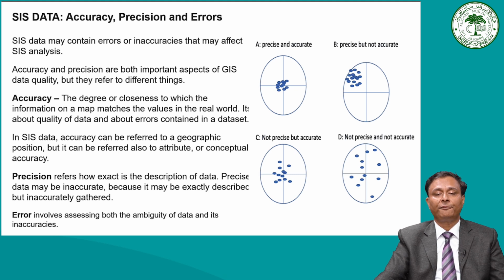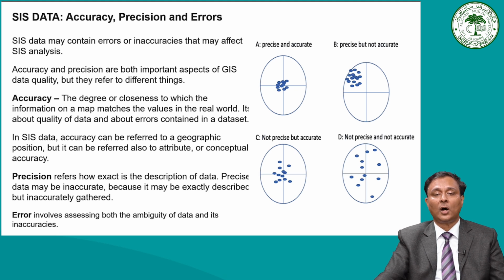Therefore, when we refer to accuracy, we are talking about the quality of the data and the number of errors contained in certain data sets. In spatial information science data, accuracy can refer to a geographic position, but it can also refer to attribute or even conceptual accuracy.